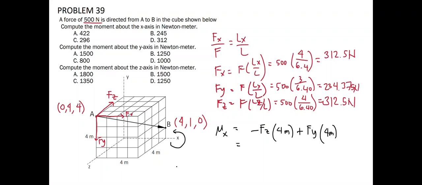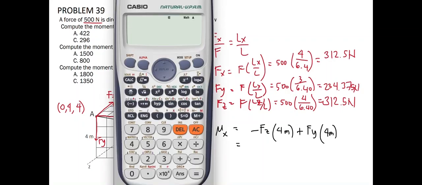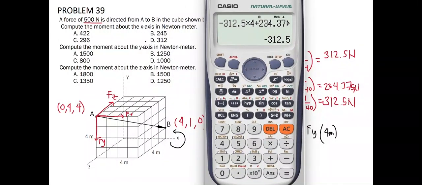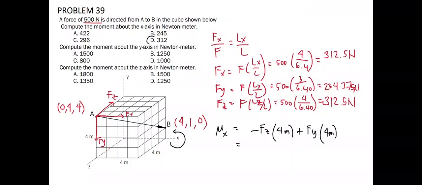We have Mx equal to negative 312.5 times 4 meters plus 234.375 times 4 meters, which is equal to negative 312.5, approximately 312. And the negative sign here indicates that the moment is acting in the clockwise direction.